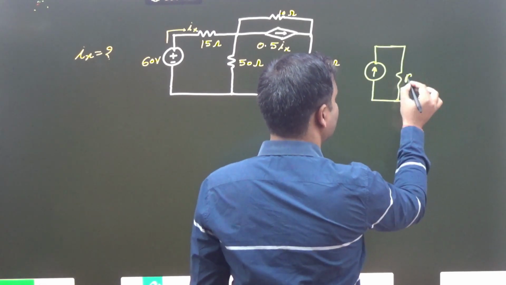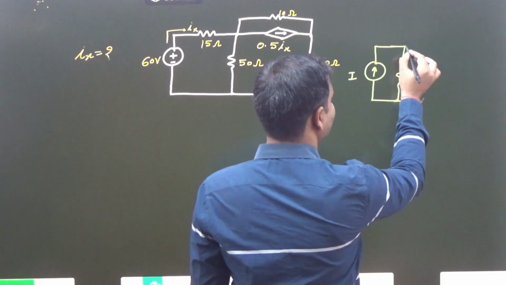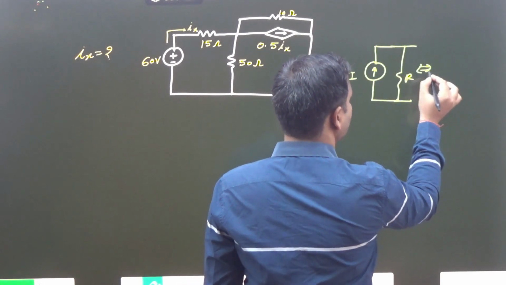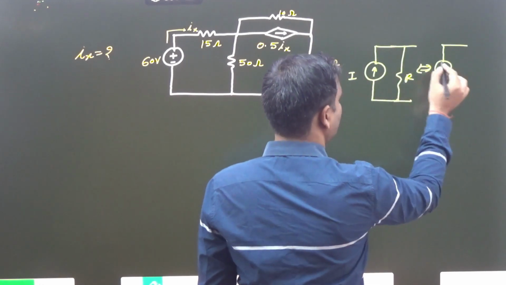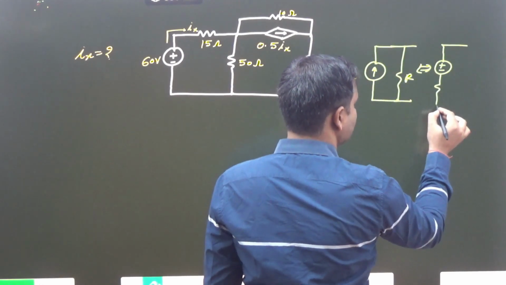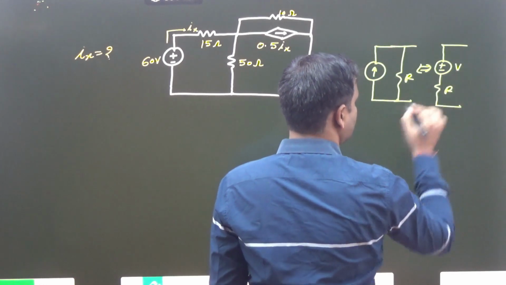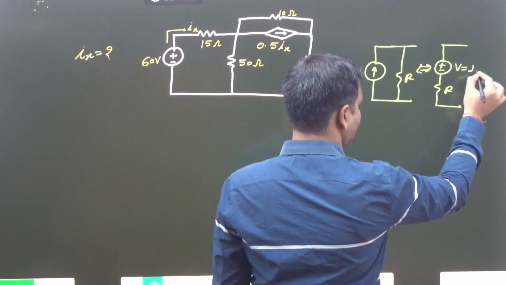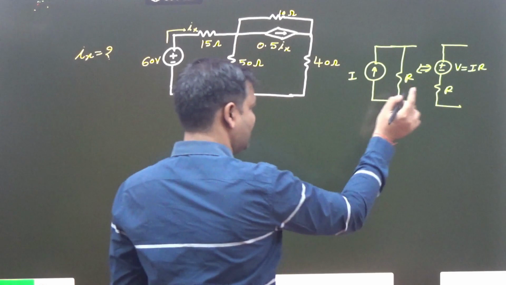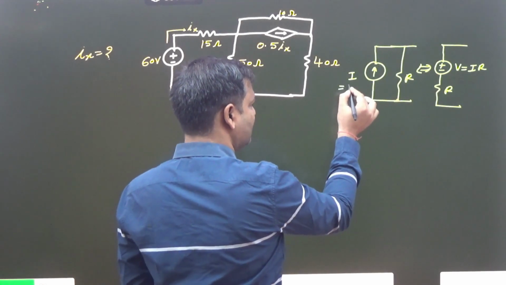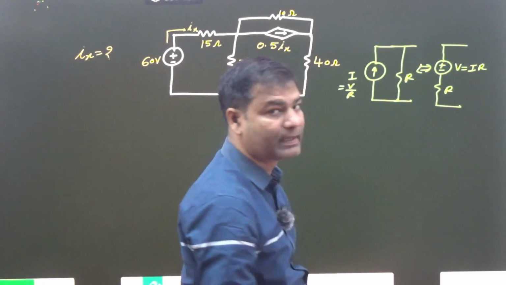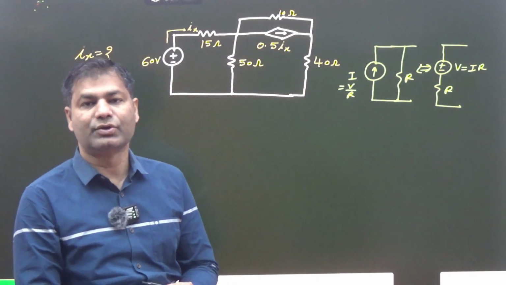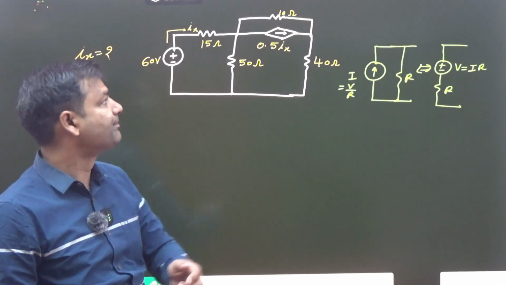If you convert it to a voltage source, you write V, with the current direction upward so the polarity is plus minus, and the resistance R. V is equal to IR, and if V and R are connected like that, then I is V by R. Okay, clear?